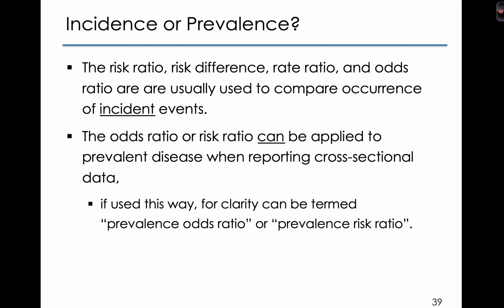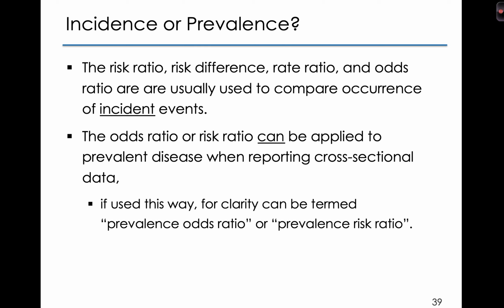One more thing I'd like to mention is that all the situations we've talked about so far in this module have been applying measures of association to situations where we're looking at some kind of incident outcome. The risk ratio, risk difference, rate ratio, odds ratio are usually used to compare occurrence of incident events.